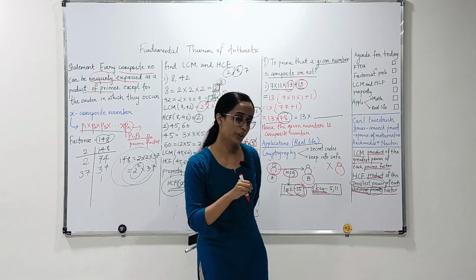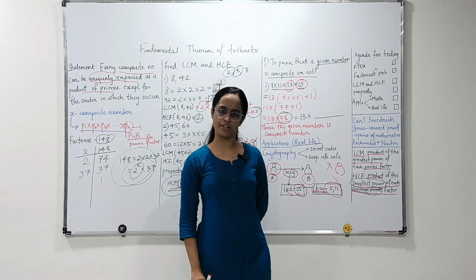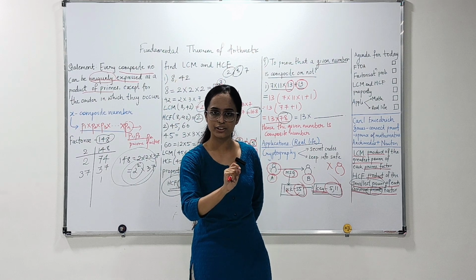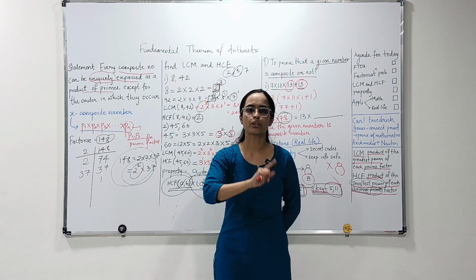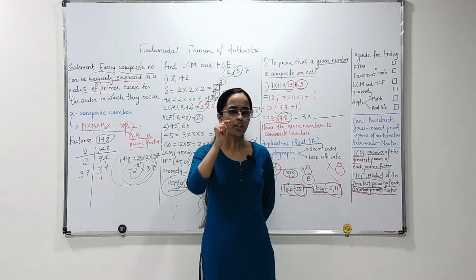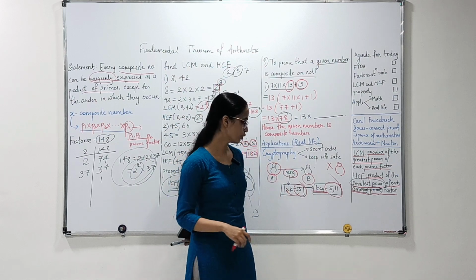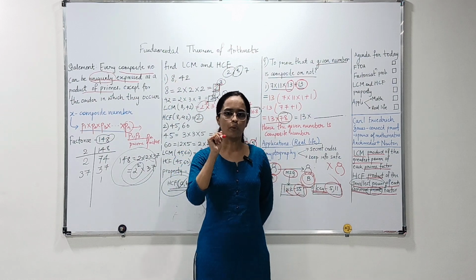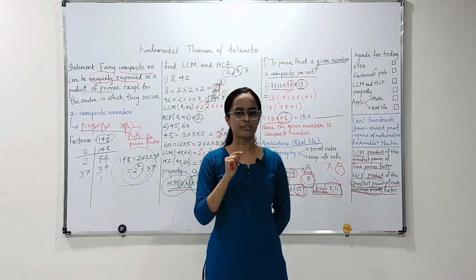B knows that A has used the prime factorization of 55, meaning we know that 55 has a unique prime factorization. There cannot be any other numbers that can be used as prime factorization for 55 apart from 5 and 11. So of course, the key for 55 is its prime factorization, that is 5 and 11. So when the message reaches person B, he is going to open the lock using the key 5 and 11.